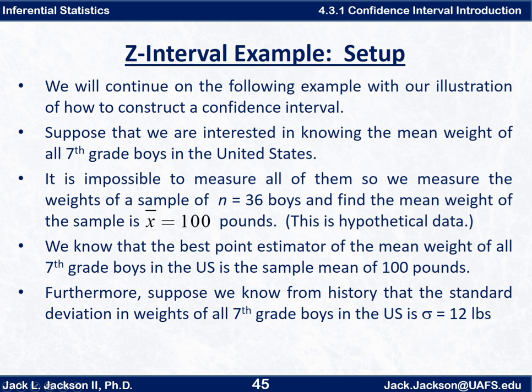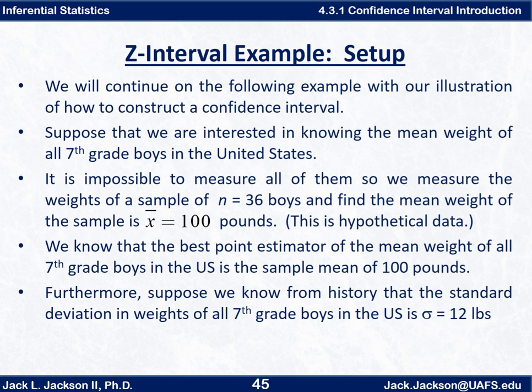So let's put this formula into work for a z-interval setup that we discussed in the last video. So if you remember, our example from the last video is, suppose that we're interested in knowing the mean weight of all 7th grade boys in the United States. So again, remember, it was impossible to measure all of them, so instead we measure the weights of a sample of n equals 36 boys, and let's suppose that we found the mean weight for the sample to be x bar is 100 pounds.